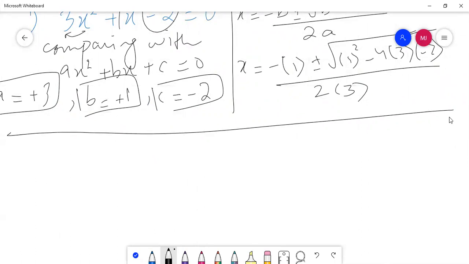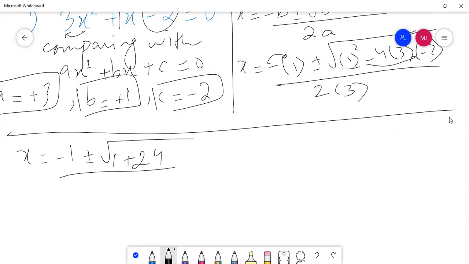Now I will simplify. x is equal to minus 1, plus minus square root 1 square, 1 minus minus plus 4 threes are 12, 12 twos are 24, upon 2 threes are 6.